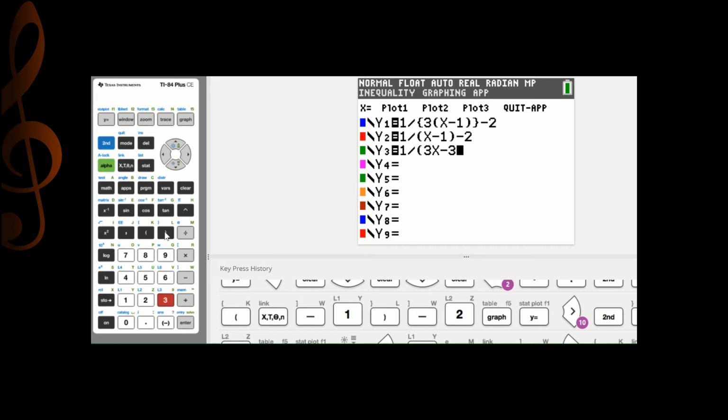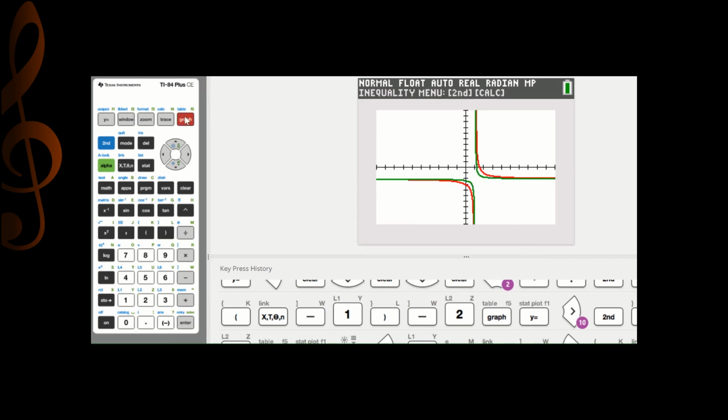Now let's close it, and then negative 2. And we see that that green completely overlays the blue, the original function that we did. So in reality, when we see that 1 over 3 times x minus 1, that's really like 1/3 times the x minus 1 minus 2.